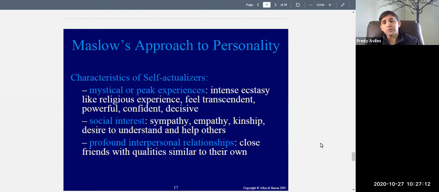They have profound interpersonal relationships. They have close friends with qualities similar to their own. Profound interpersonal relationships have to do with very close friendships or relationships in which there's someone with whom you have such a great relationship, and it doesn't have to be sexual. It doesn't even have to be someone who is married to you or a significant other.